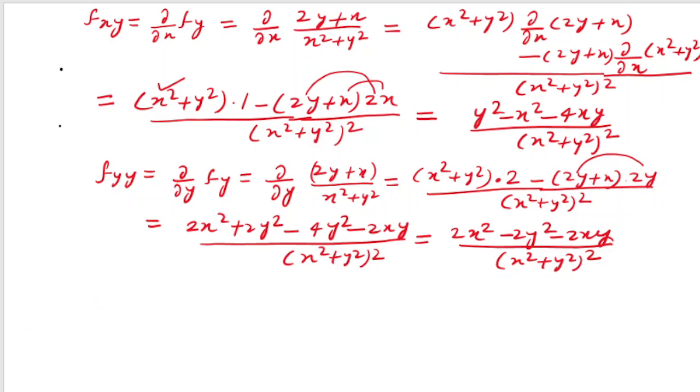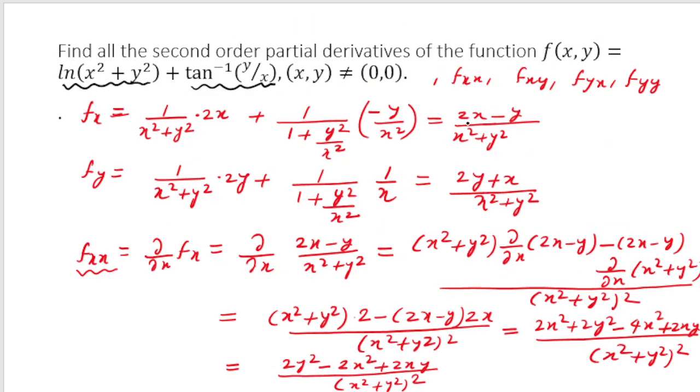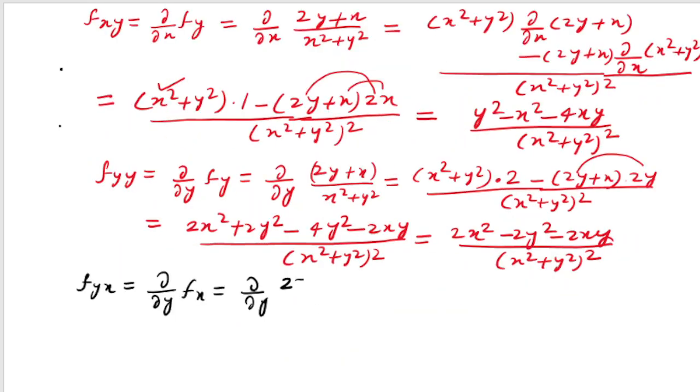Okay, so finally let us calculate f of yx. So f of yx is del by del y of f of x. So del by del y of, and what is f of x? F of x is 2x minus y by x square plus y square.